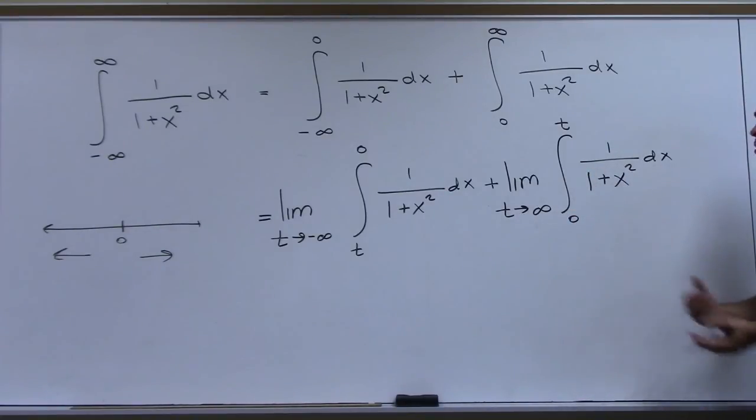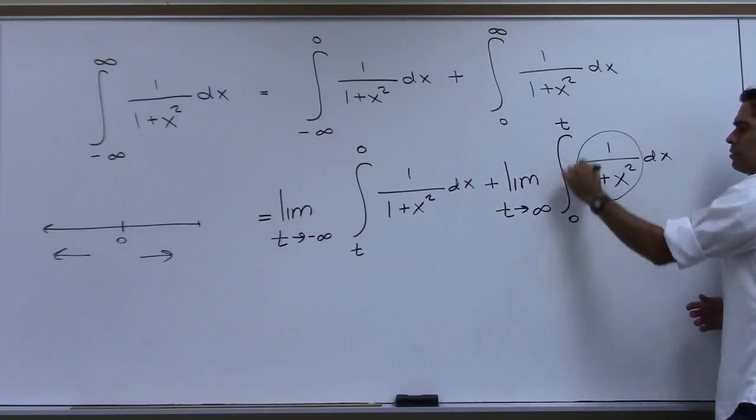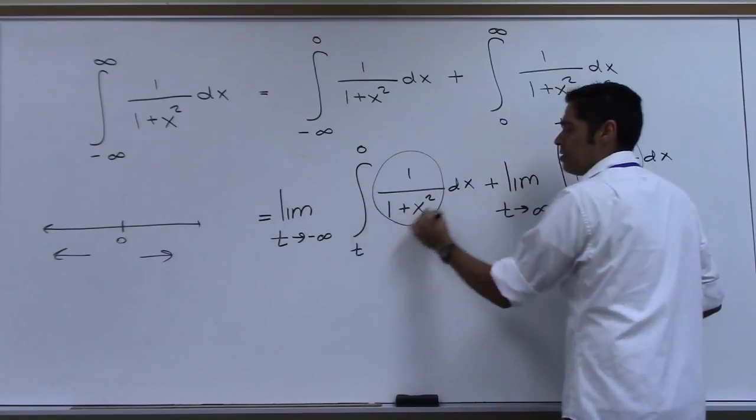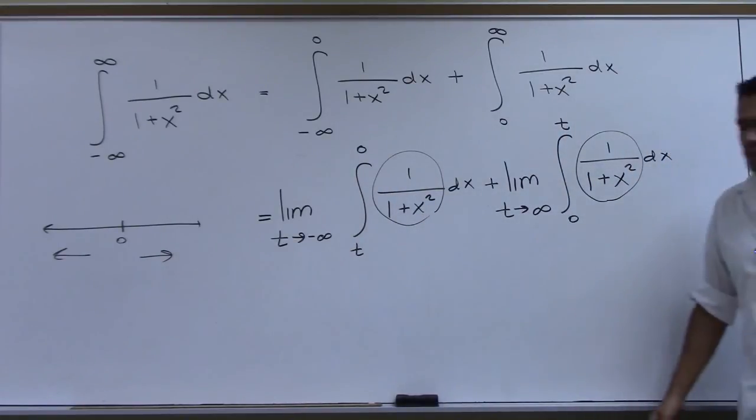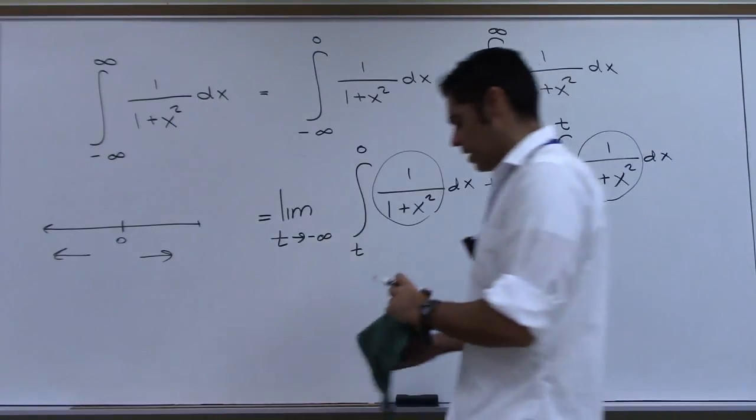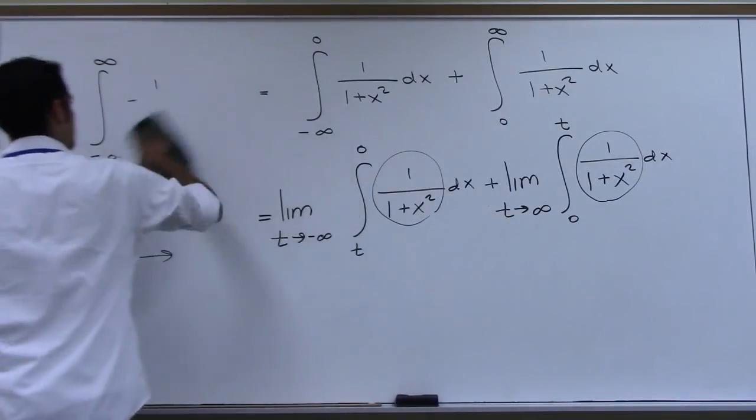All right, so now I'm at the point where it's time to find an antiderivative. And the good news is that the antiderivative of this is the same as the antiderivative of this, so you really only have to find one antiderivative. And what is the antiderivative of 1 over 1 plus x squared? Arctangent.